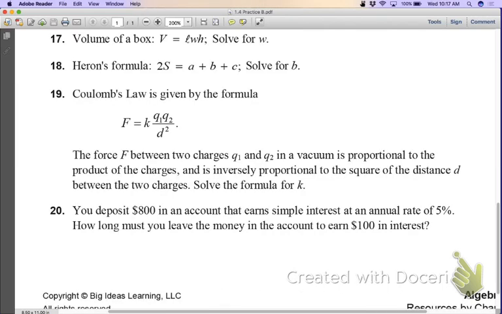All right, so on 19, you have that F is force, Q1 and Q2 are the charges, and the force in a vacuum is proportional to the product of charges, and then D is the distance between the two charges.